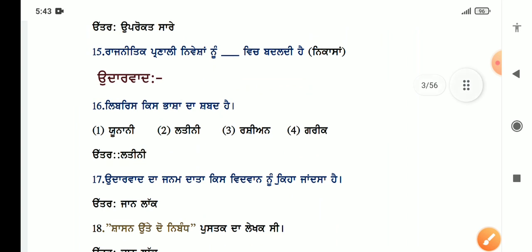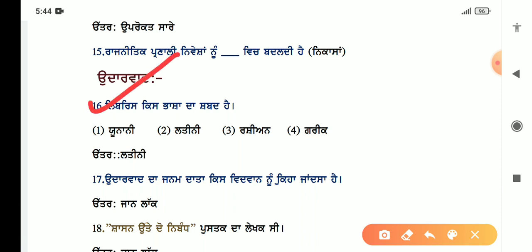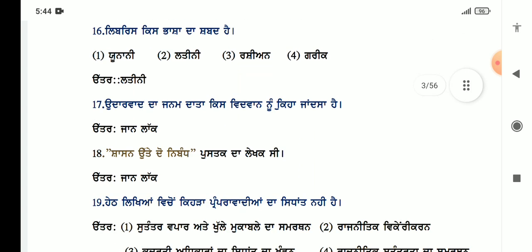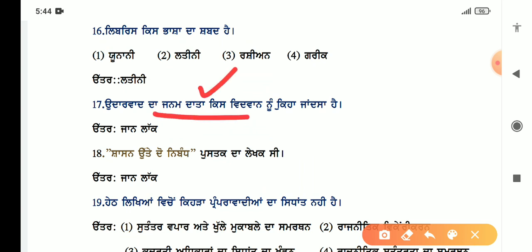Next chapter is liberalism. From which language has the word liberalism been taken? Answer is Latin. Who is known as the father of liberalism? John Locke.